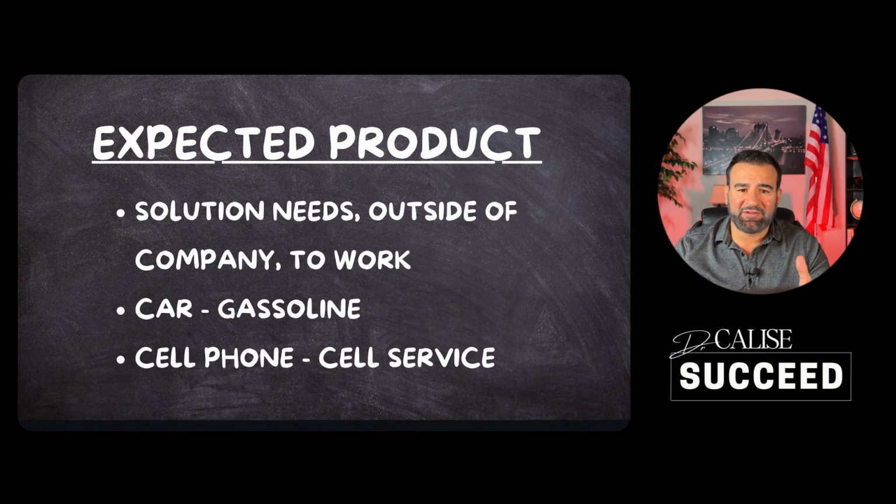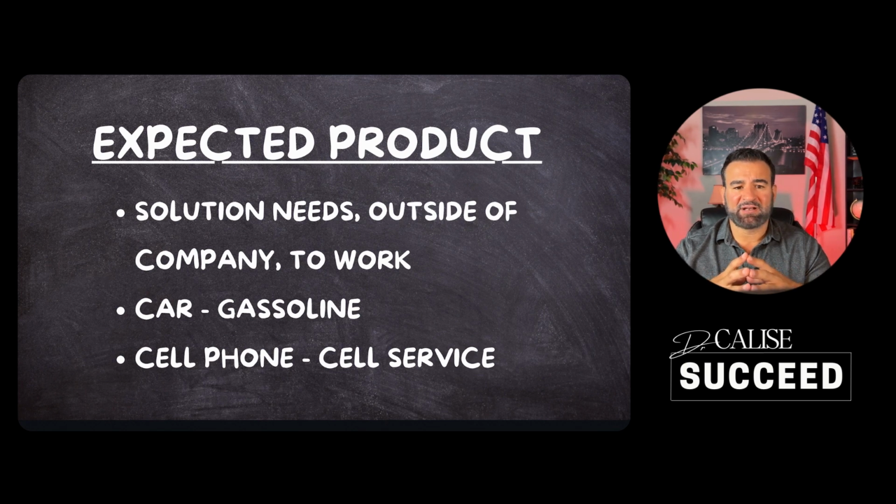If it's internal, we call that an add-on. If it's external, that is what we call the expected product. Cars, for example. In order for you to drive your car, you need gasoline. Now, the car manufacturers do not own the gasoline companies. That is a completely other entity. If it's an electric car, you need to rely on electricity, a utility company, a completely different type of company.